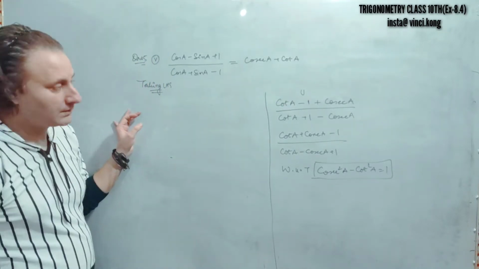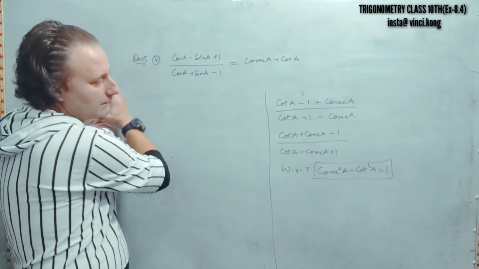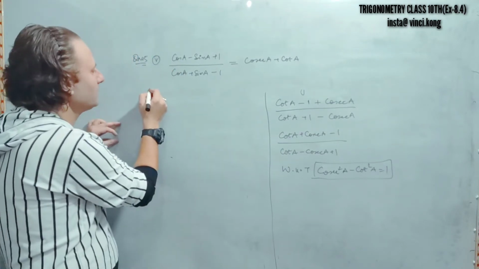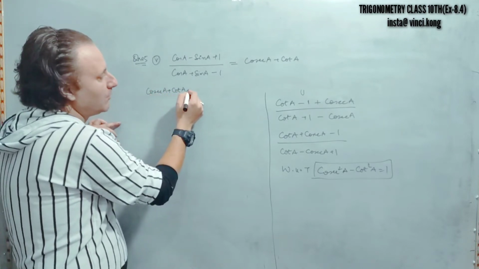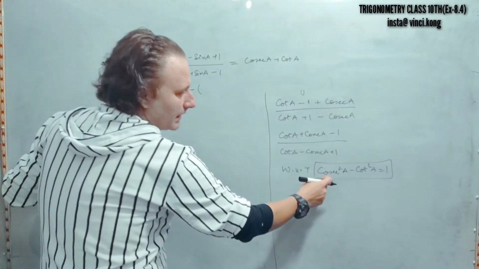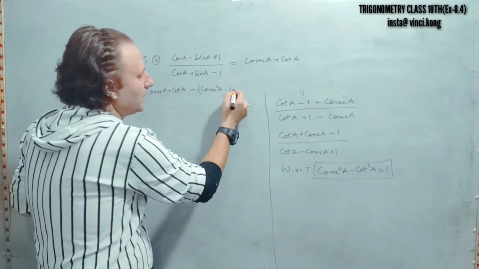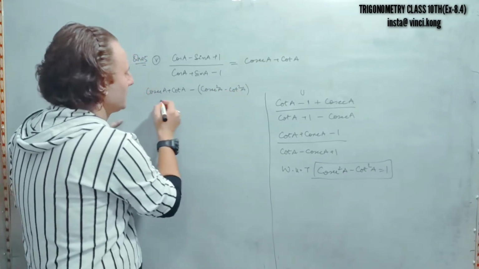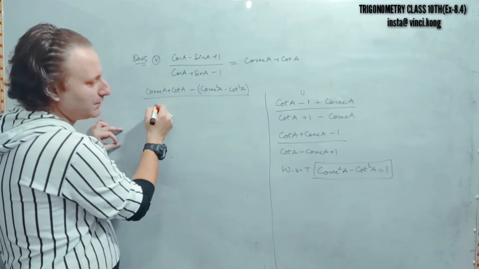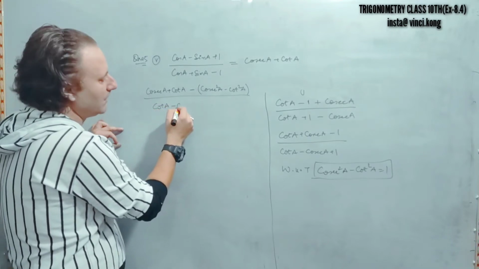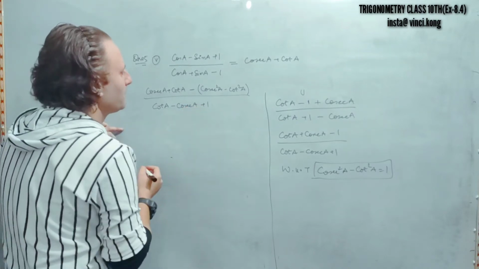So now I'm writing the same thing here. What do I have? I have cosec A plus cot A minus, instead of 1, I will write cosec square A minus cot square A. Okay? So what do I have in the denominator? It is cot A minus cosec A plus 1.